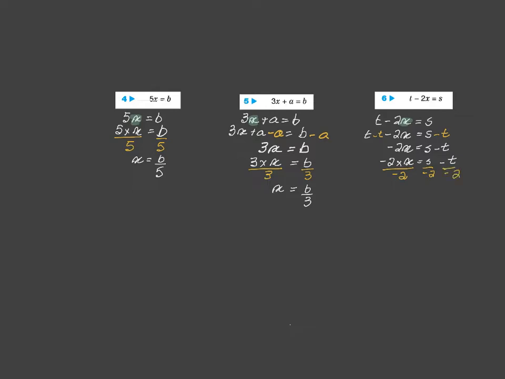On the left, negative 2 divided by negative 2 is 1x. And on the right, I have minus s over 2, or negative s over 2. Over here, two negatives are being divided, so it's plus t over 2. This looks better if you write the positive term first, so it's t over 2 minus s over 2.